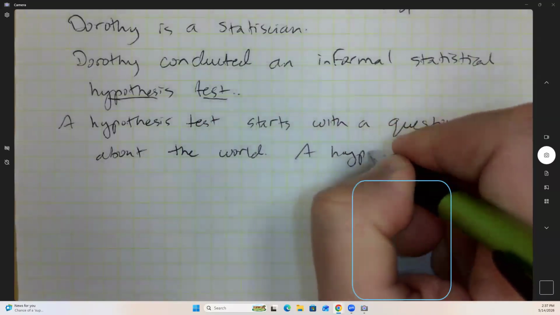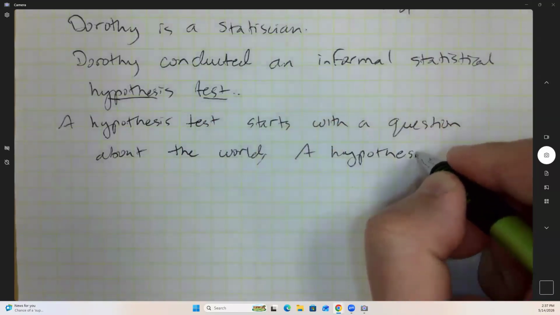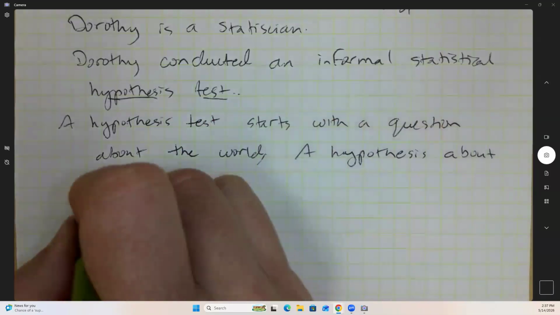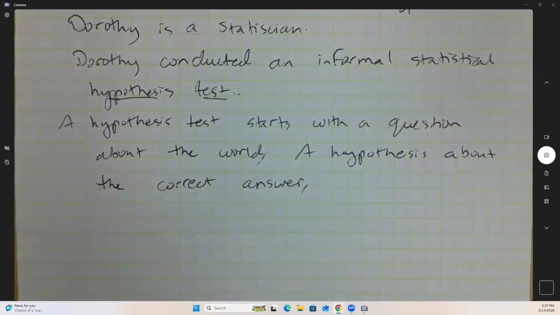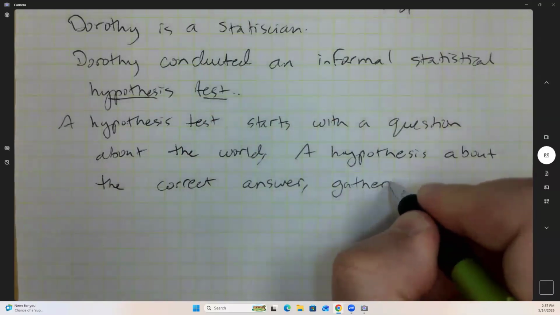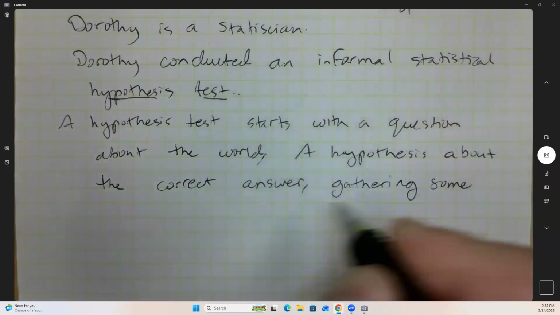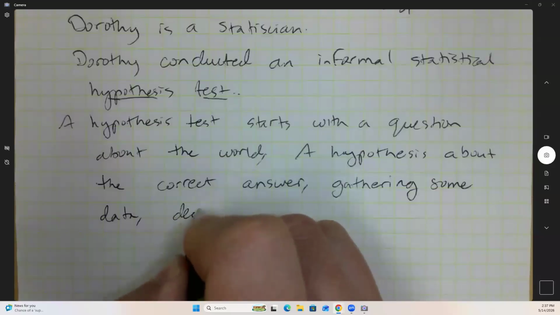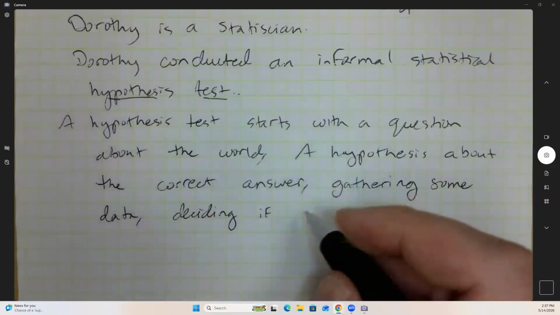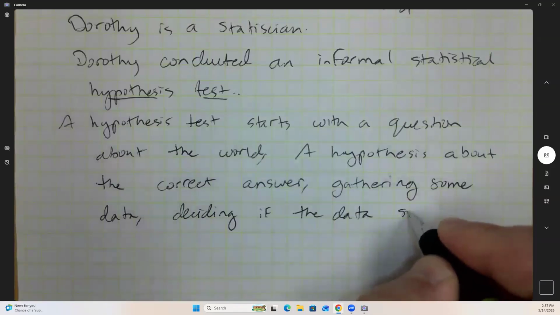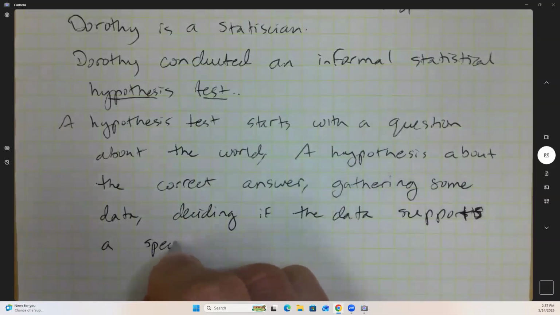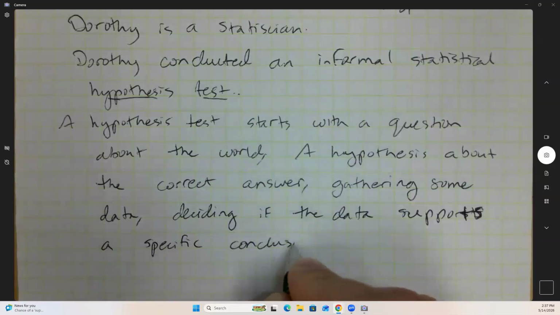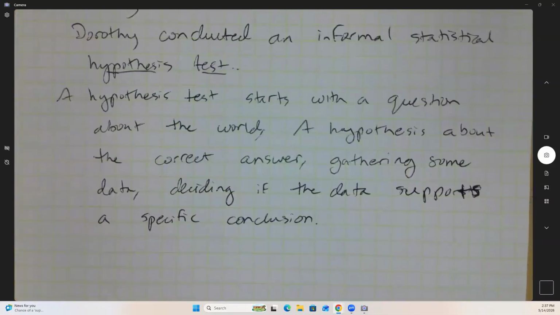A hypothesis as to the answer, a hypothesis about the correct answer, gathering some data, and deciding if the data supports a specific conclusion. At the root of it, that's what a hypothesis test is.